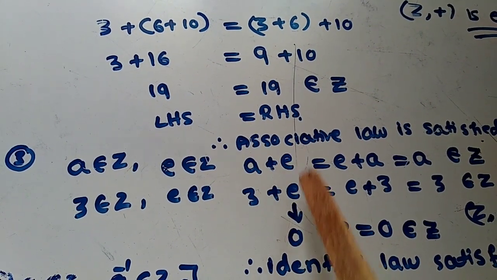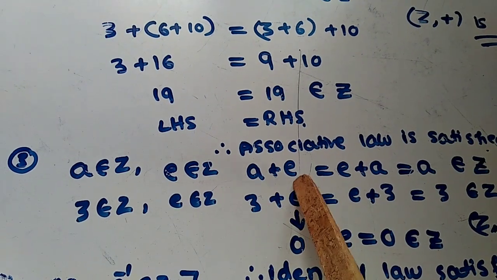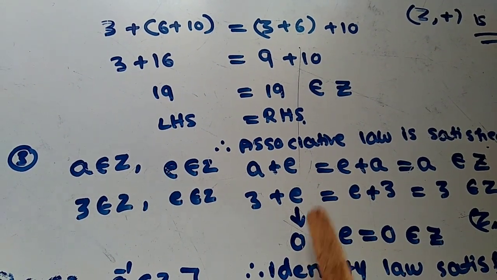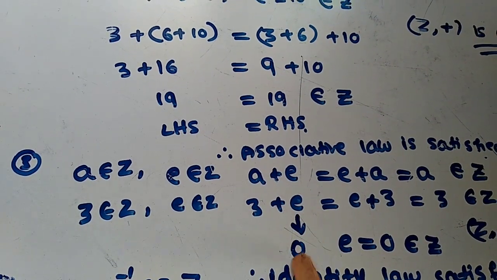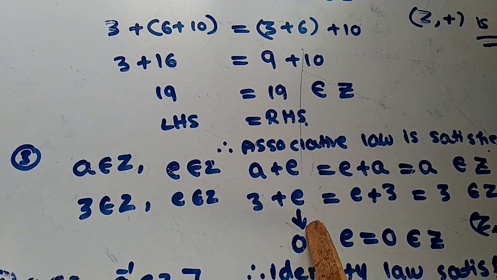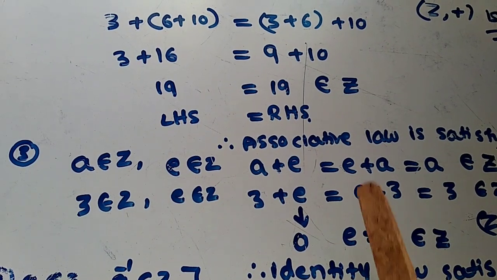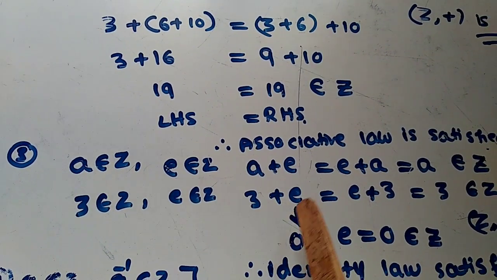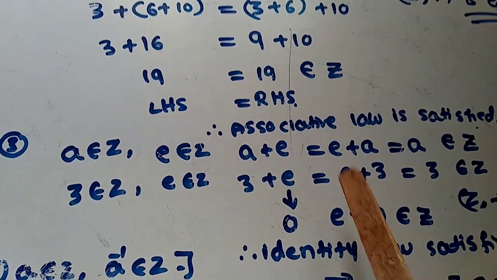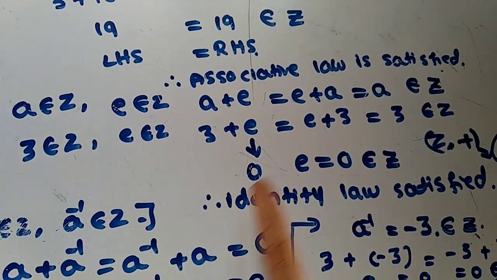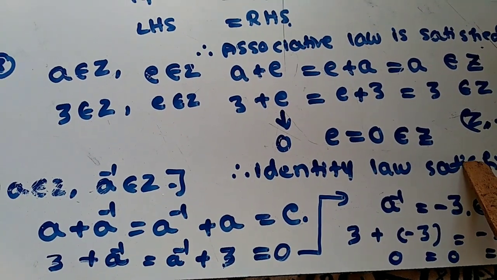Here your identity element is 0. If you take the identity element as 0, then only this law is satisfied. And this is unique: except for 0, no number satisfies it. And this identity also belongs to your Z. Therefore, here your identity law is satisfied.